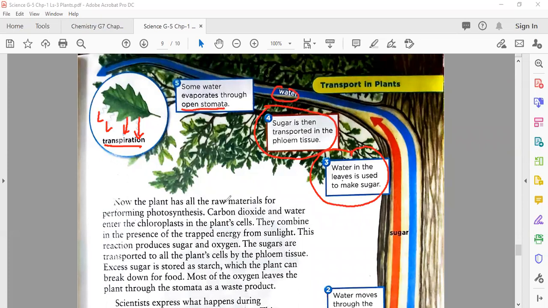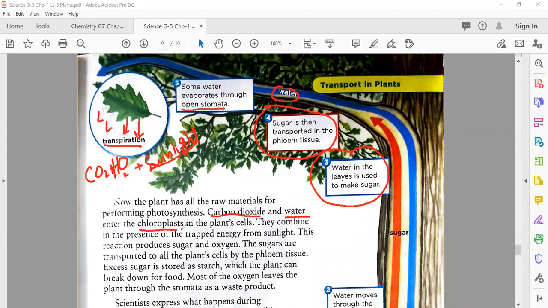Now the plant has all the raw materials for preparing photosynthesis. What does it need? Carbon dioxide, plus water, H2O, and sunlight. In the presence of sunlight, in chlorophyll, carbon dioxide and water enter the chloroplast.